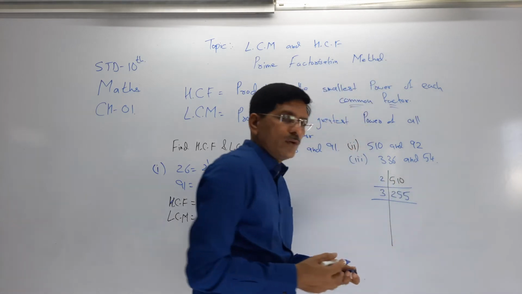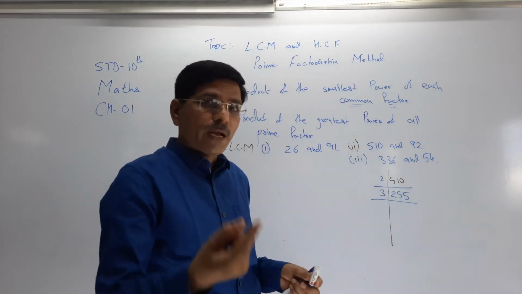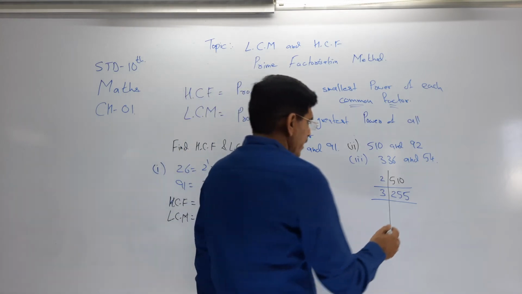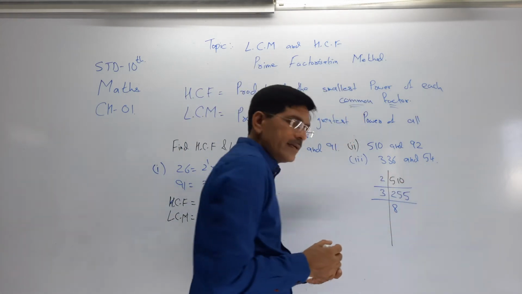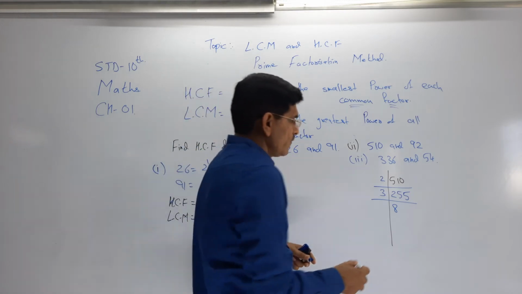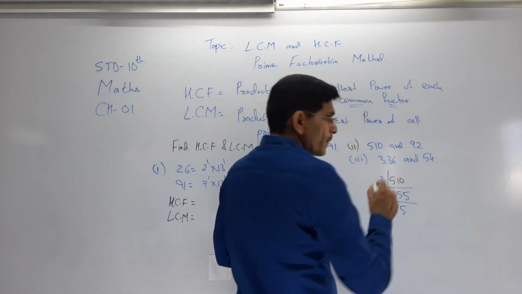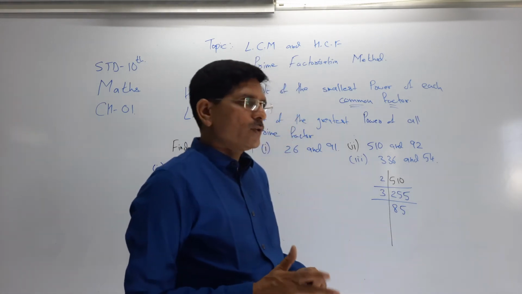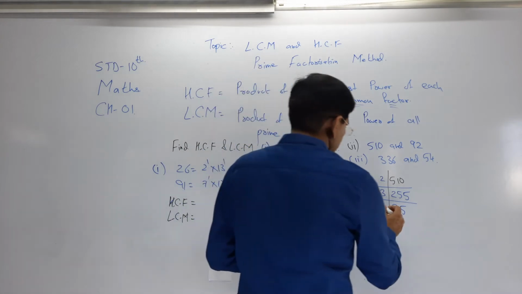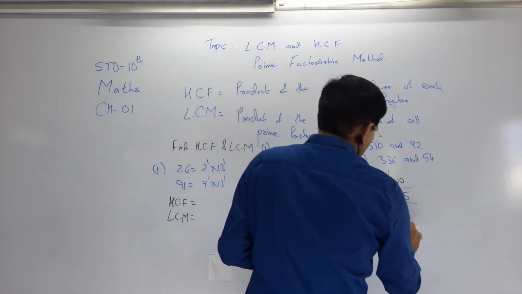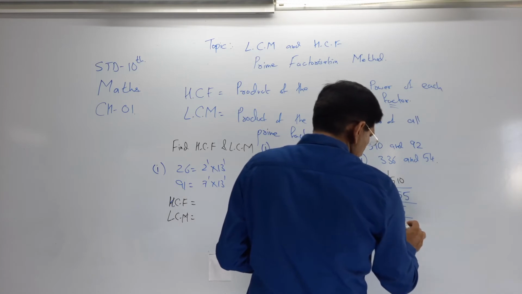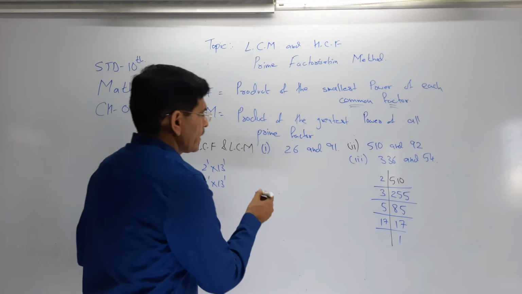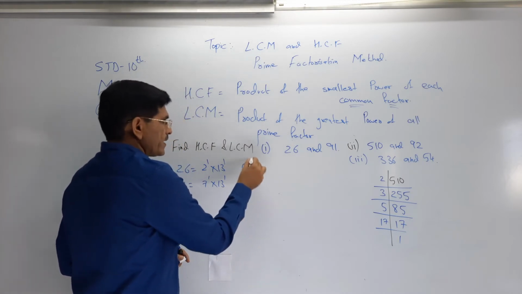Someone says, sir, can we do it by 5? But the first prime number after 2 is 3, so we do it by 3. 3 times 8 is 24, 3 times 5 is 15, so 85. It is not divisible by 3, so we go for 5. 5 times 17 is 85, so 17 to the power 1. So question number 2.